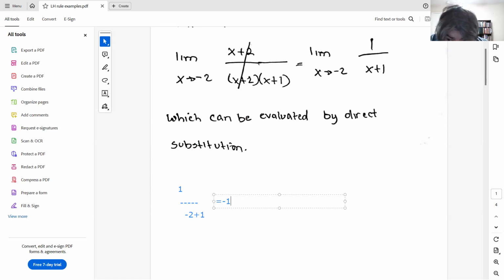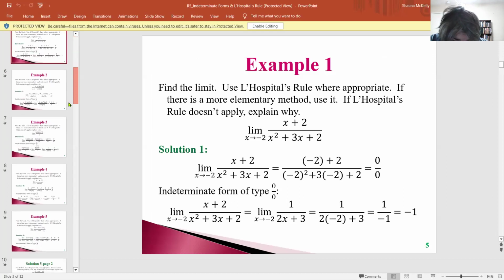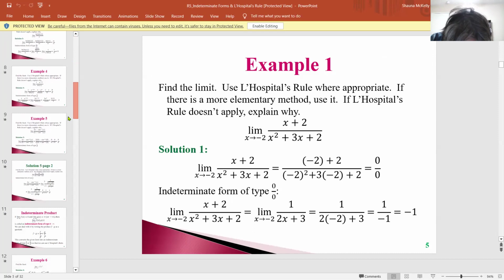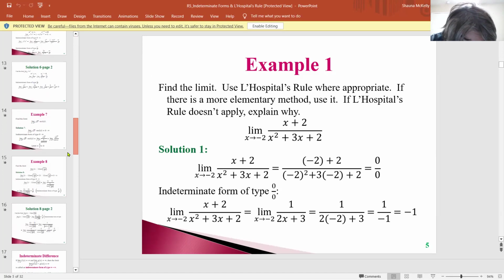The other thing that I wanted to show you from the slides, let me go back to this. It's example 7, let me check. Let me scroll down, bear with me for a minute.